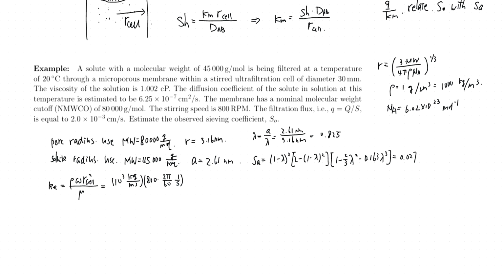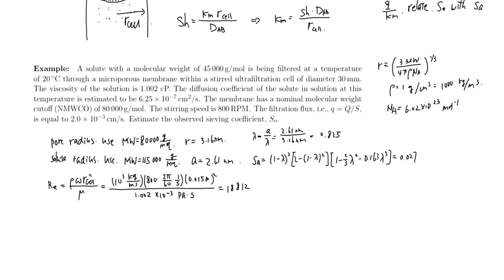The radius of the cell is 0.015 meter. The viscosity is 1.002 centipoise. If you convert it to Pascal, you have 10 to the minus 3 Pascal second. So the Reynolds number is 18812.